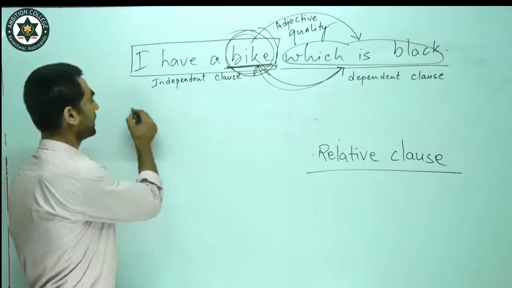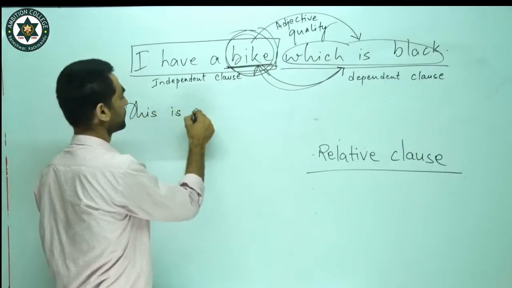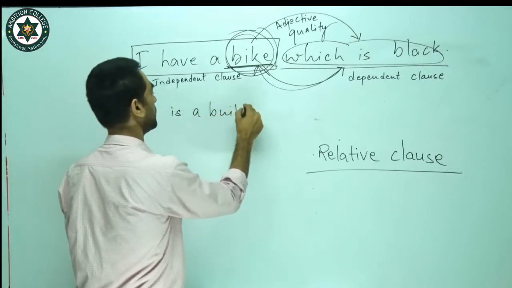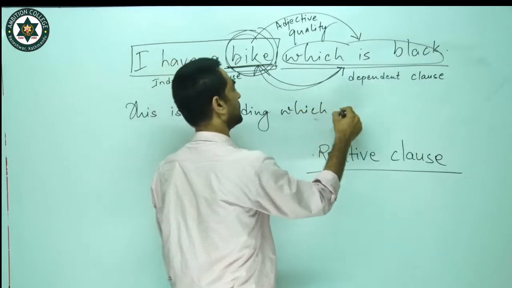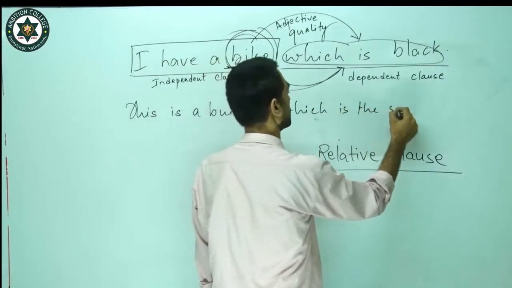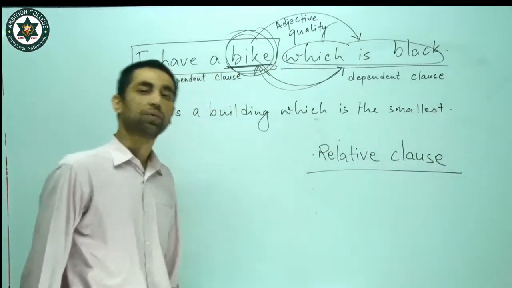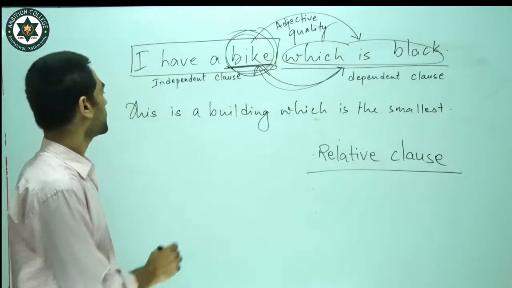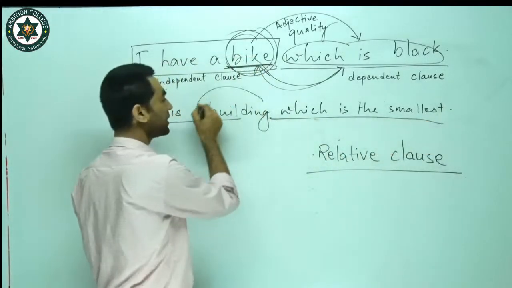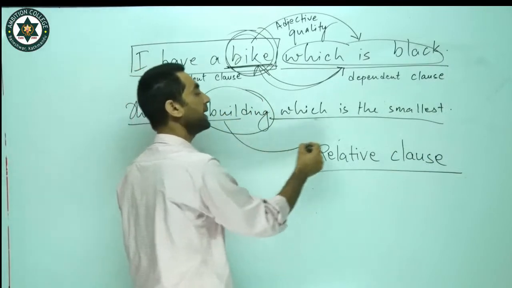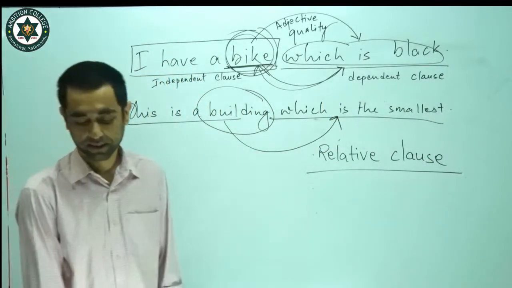Right? For example, here too, what I have done is: this is a building which is the smallest. Now this building's quality is being explained by this part of the sentence.